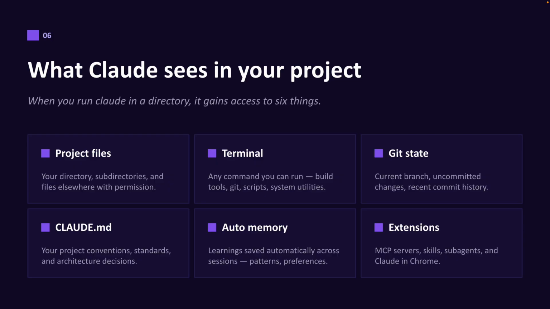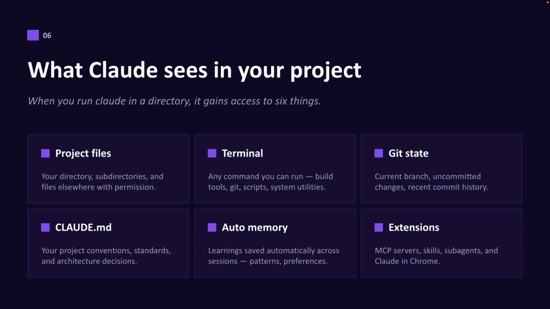Claude won't see anything you have not allowed. Then your terminal: any command you could run, build tools, git, package managers, system utility scripts. If you can do it from the command line, Claude can do it, so you have to be careful about what access you give. Your git state: current branch, uncommitted changes, and recent commit history as well.